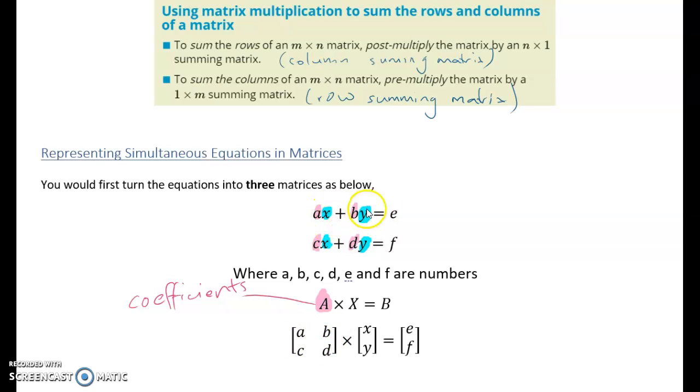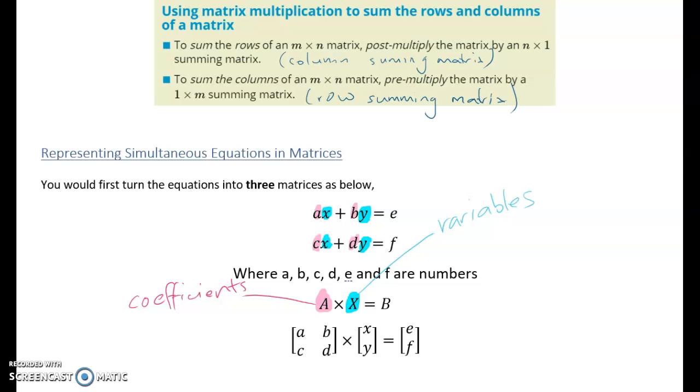That means that x and y, which I've highlighted in blue, go into our second matrix here. And that is, of course, what we call in algebra our variables. So they're present in, well, not necessarily every equation, but you need to realize that those values can change. They're not set like the coefficients are.